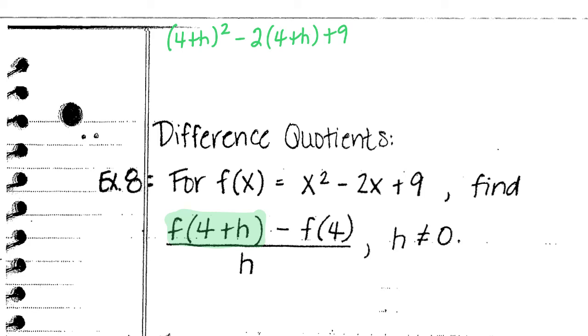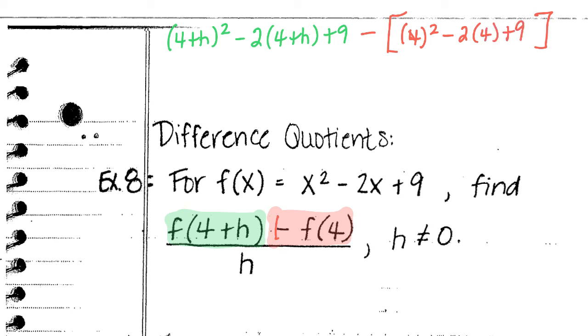But I also need, I'll go ahead and make this part red. So notice I am subtracting all of, instead of putting in x, what am I putting in? 4. Open parenthesis, 4 squared minus 2 times 4 plus 9.